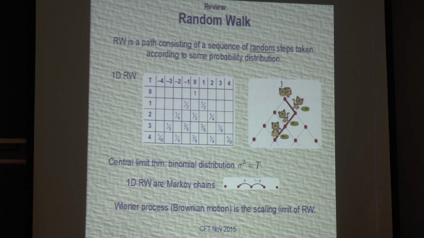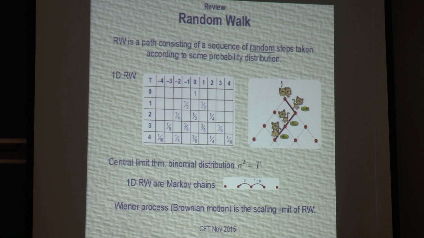Quantum walks are generalization of random walk. Random walk is a path consisting of a sequence of random steps taken according to some probability distribution. For example, a cat wants to move forward and take a step left or right. Thus, it tosses a coin. Each time it wants to take a step, it tosses the coin.